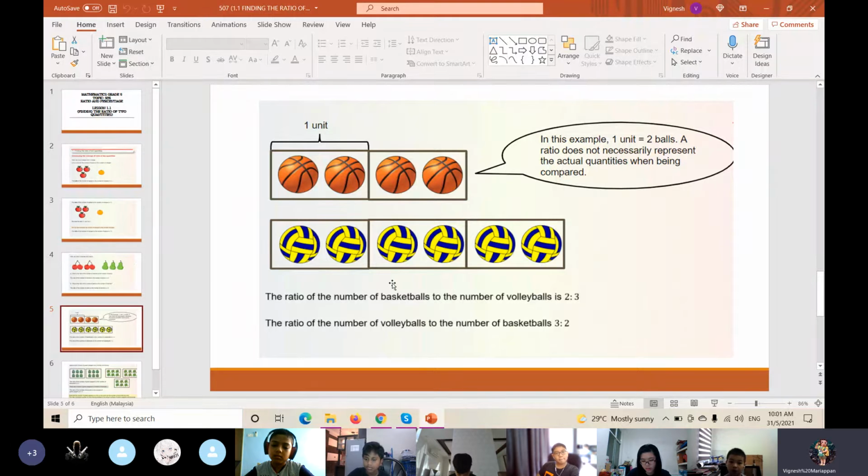Class, please try to understand the question. What is the ratio of the number of basketballs to the total number of balls? Still in units, you don't have to count it separately.